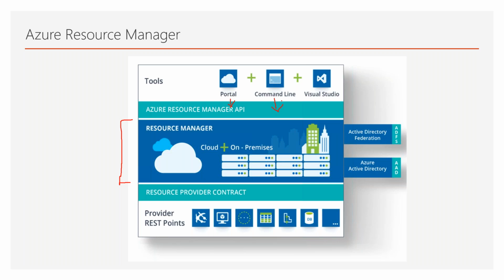If you are using Visual Studio, IntelliJ, or Eclipse, from there also, if you want to create some Azure resources, you are going to make the call to the same APIs. Because all these things, like the Portal, behind the scenes make calls to this resource manager API. This resource manager API is going to contact the resource manager.